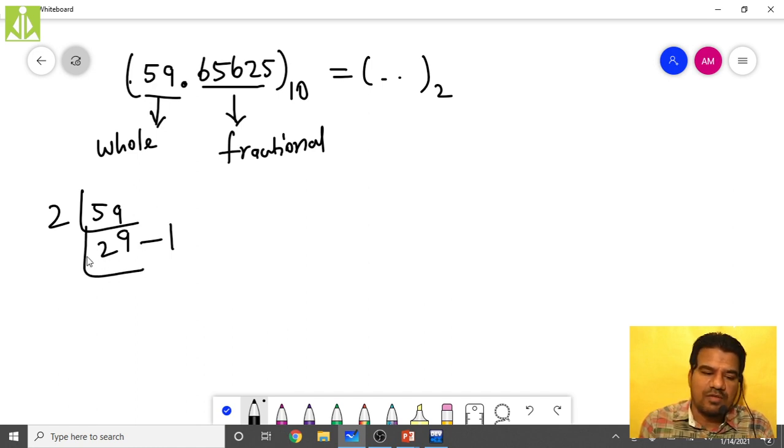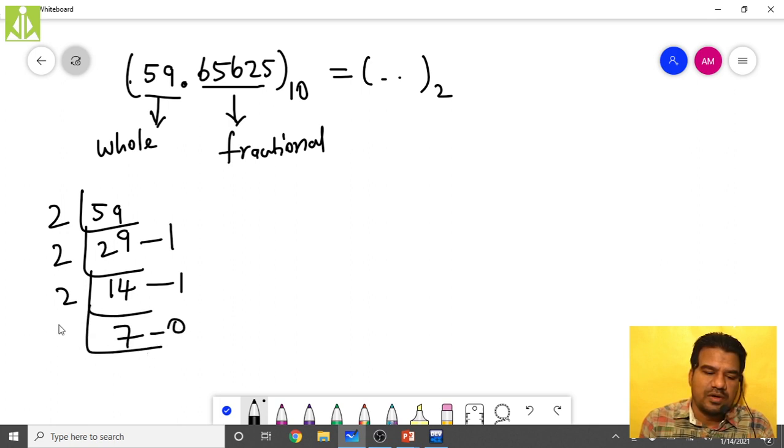Then perform with 2 once again. 2 1's, 2 4's. Again the remainder is 1. Then 2 7's, the remainder is 0. Then 2 3's, the remainder is 1. 2 3 is 6, remainder is 1. 2 ones, remainder is 1. 2 ones 2, remainder is 1.